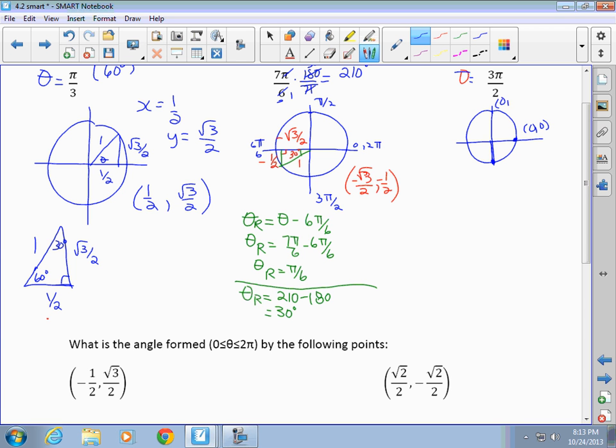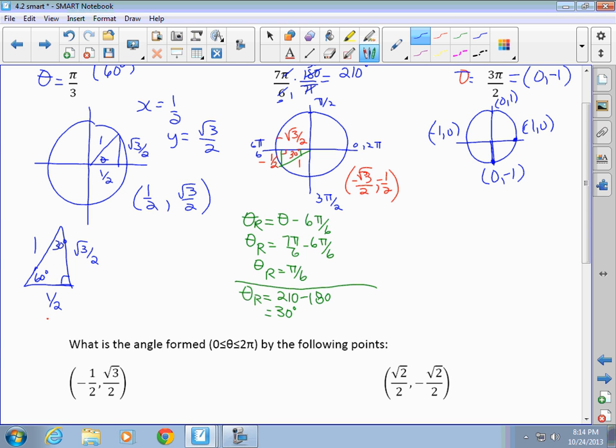This point here is at 0, 1. This point here is at -1 and 0, and then this point here is at 0 and -1. So this is right on an exact value of 3 pi over 2. Then I know my coordinate for that point is going to be at 0 and -1.